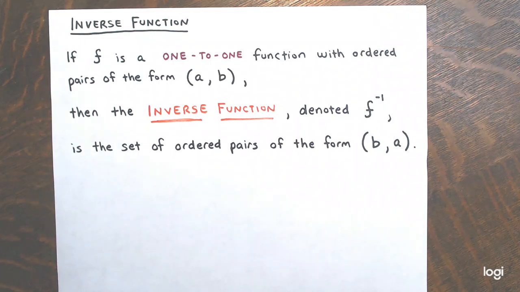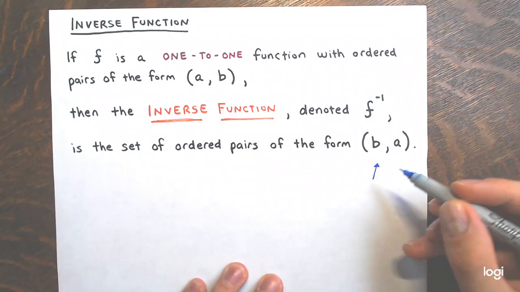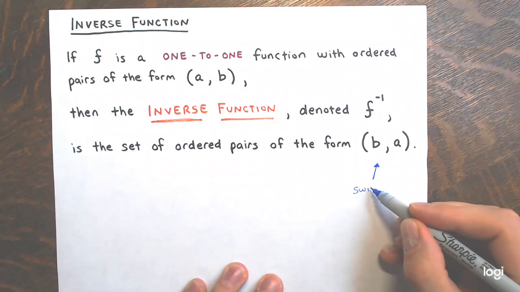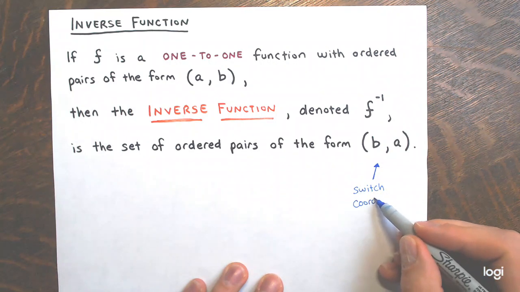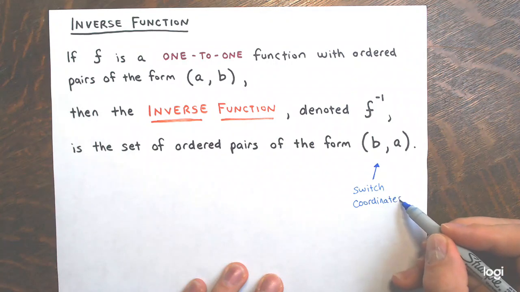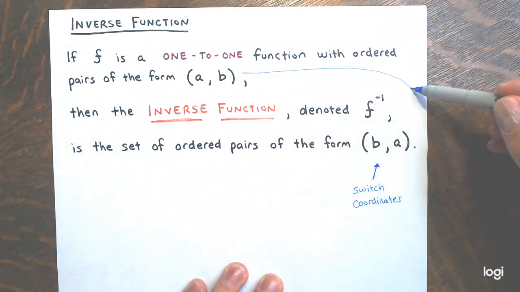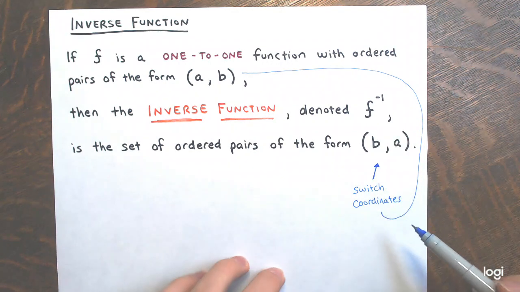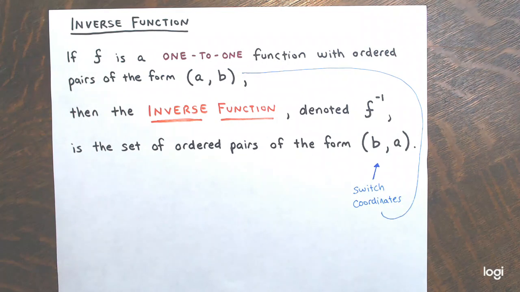I'll make that little note: to find an inverse, you just switch the coordinates. That's all that happened, you switched the coordinates of (a, b) to (b, a) in the inverse.